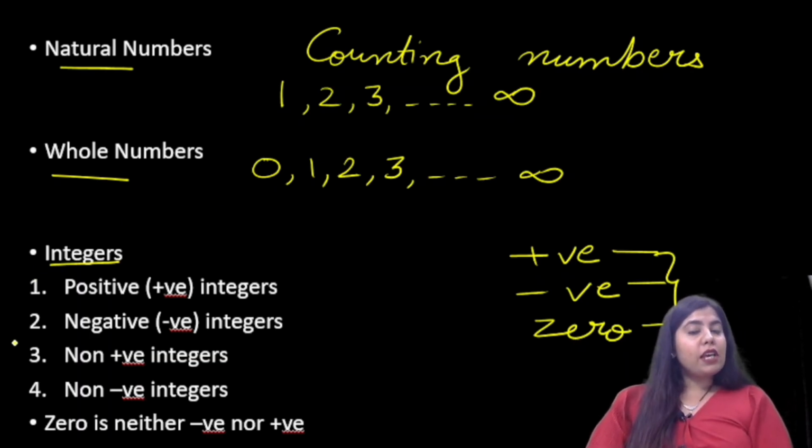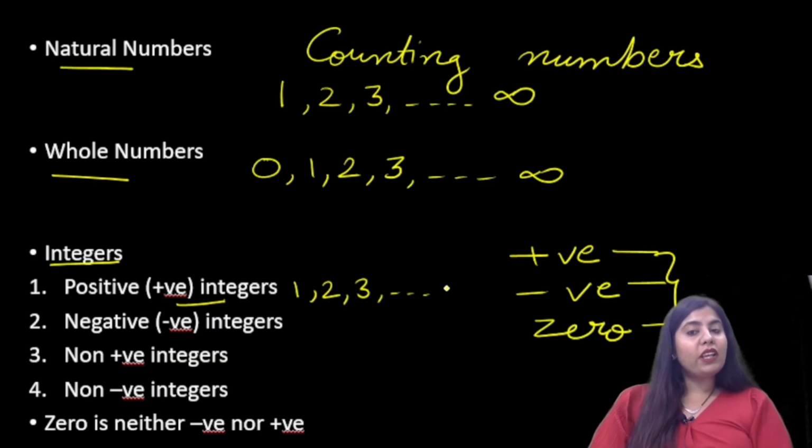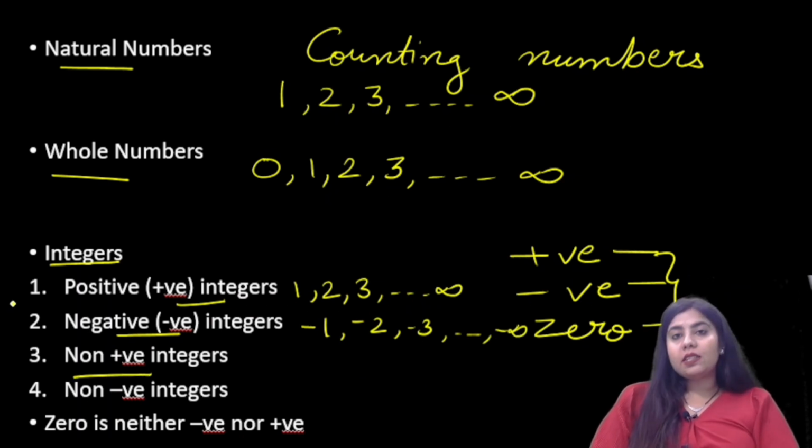Now there are 4 types of integers. The first one is positive integers. Positive integers means 1, 2, 3 up to infinity. Next, the second one is negative integers. Negative integers means -1, -2, -3 up to minus infinity. Next is non-positive integers.